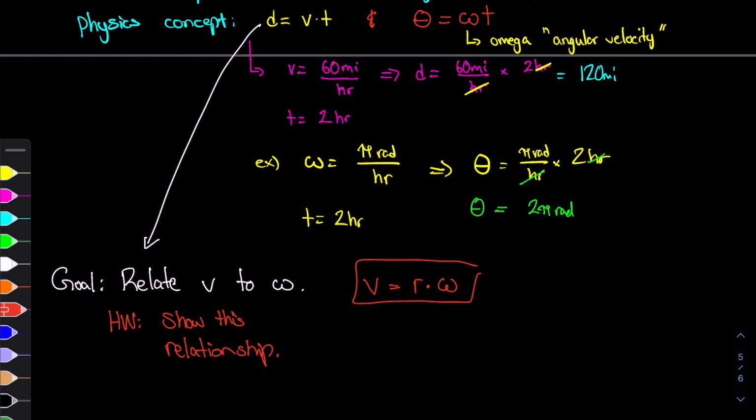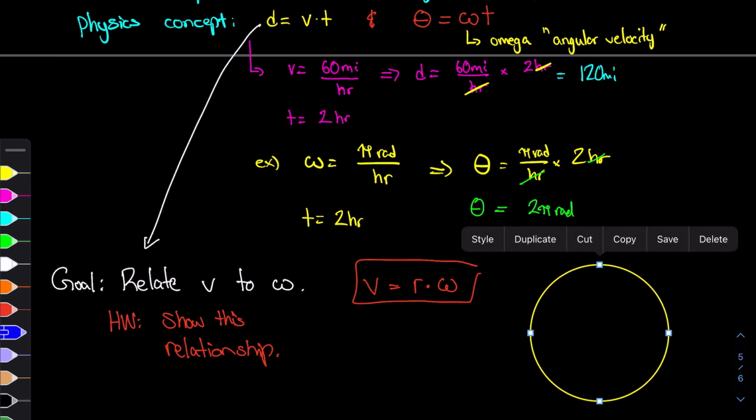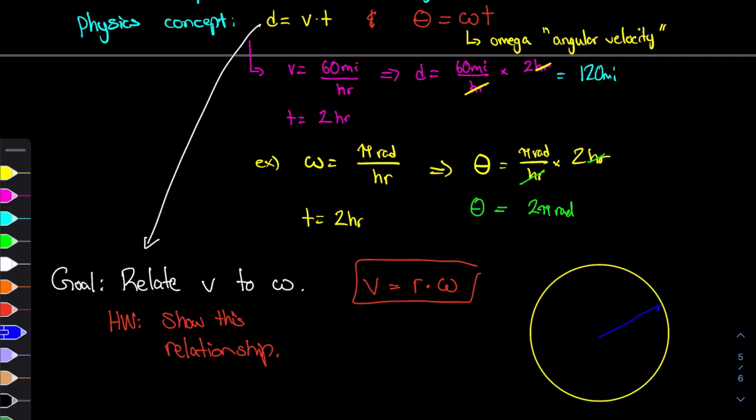So if you ever have any questions and it's asking, if you have, say, a circle or a circular path, it might say that circle has a certain radius. So let's say it has a radius of 3 miles. And the angular velocity, the speed at which a car is rotating, is maybe 32 degrees per second.